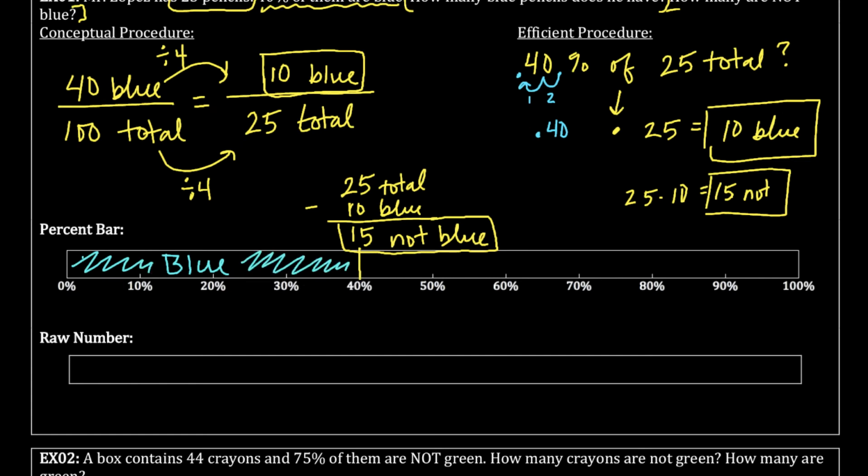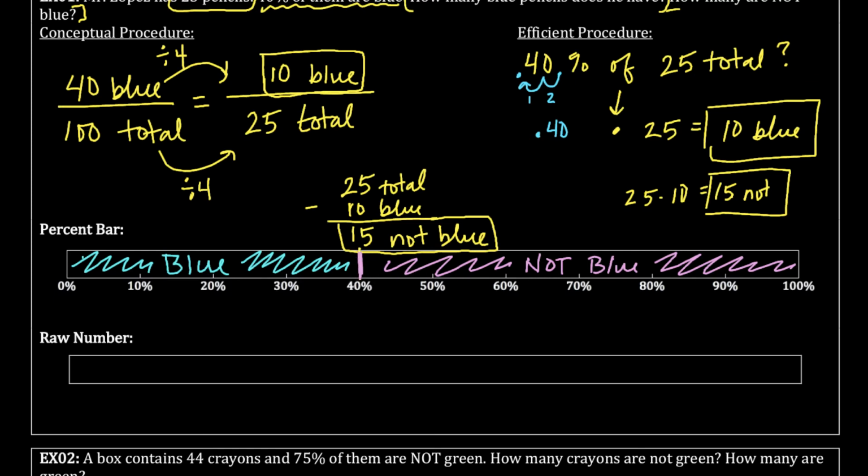And that means out of 100%, 100 minus the 40% would give us 60% are not blue. Make sure you show me in some way where it splits.